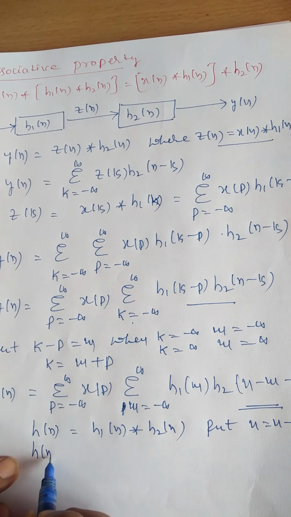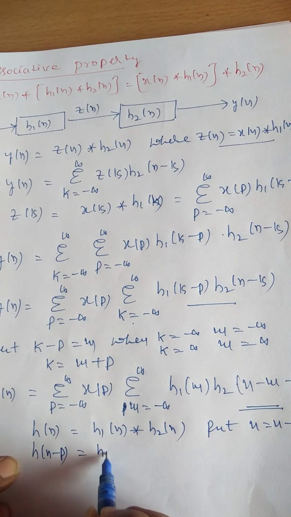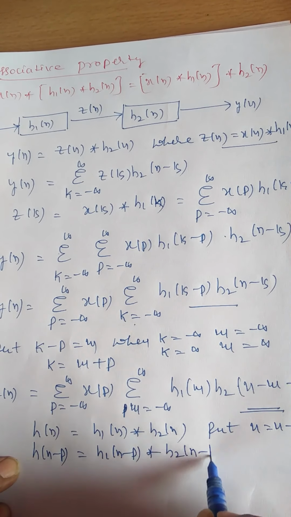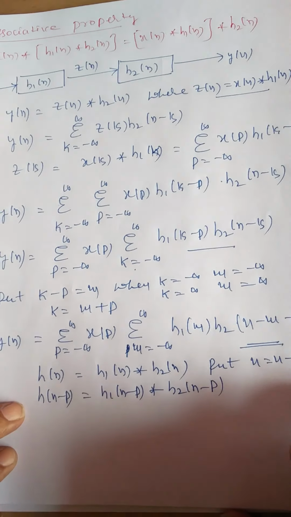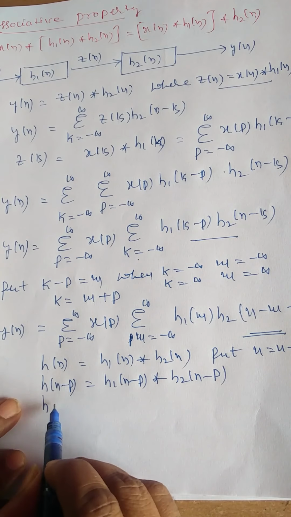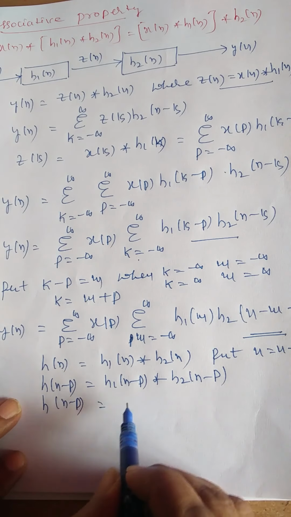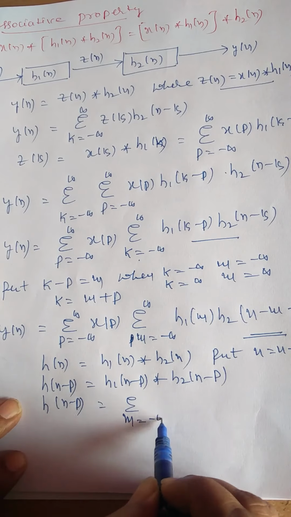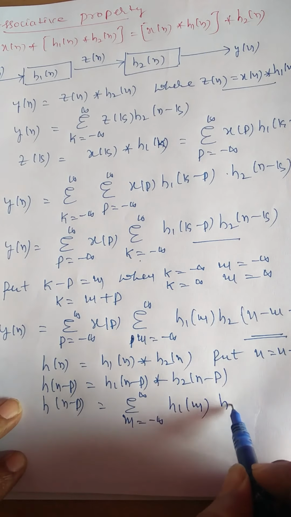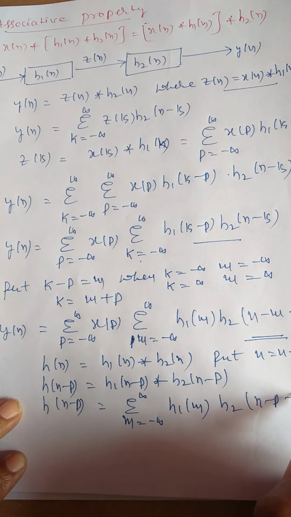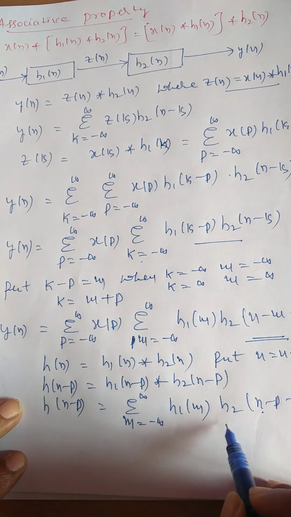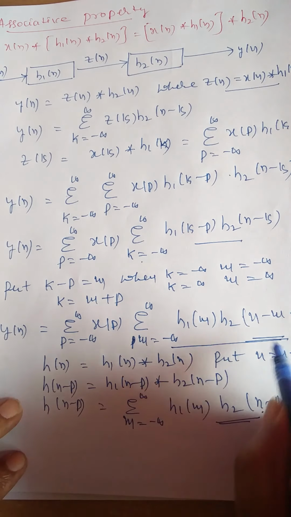You can write that h of n minus p equals h1 of n minus p, that is linearly convolved with h2 of n minus p. That can be written as h of n minus p is equal to summation of m tends from minus infinity to plus infinity h1 of m h2 of n minus p minus m. Instead of n you have n minus p. See, this is same as this complete equation.